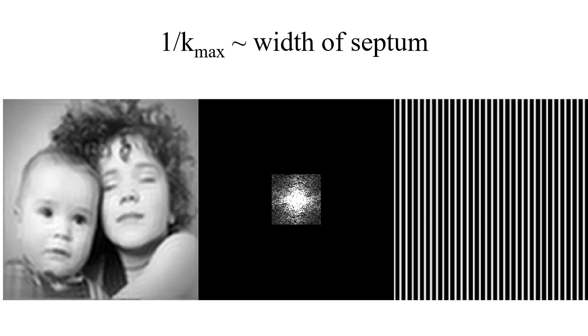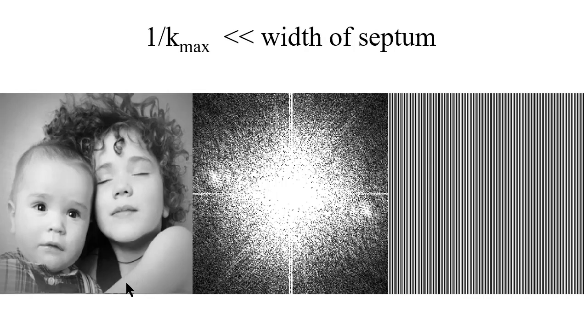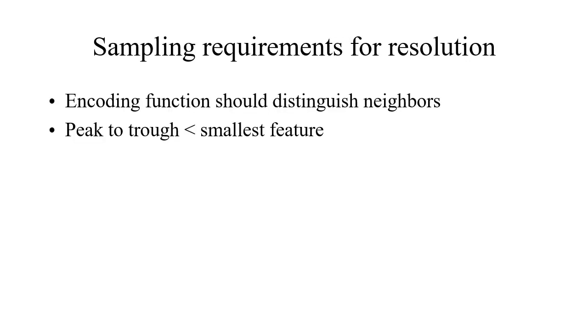But just around the time that, oh, it's hard to see, but this is the peak to trough distance, it starts becoming very comparable to this septum, you can really resolve it quite clearly. And here's just a high resolution version for cuteness. So our sampling requirement in the broadest sense is just that the encoding function needs to distinguish neighbors.